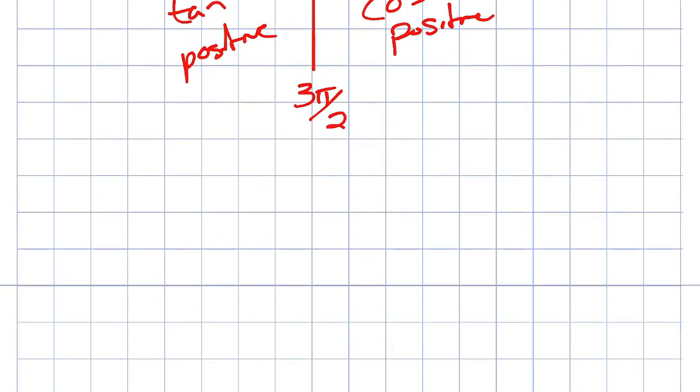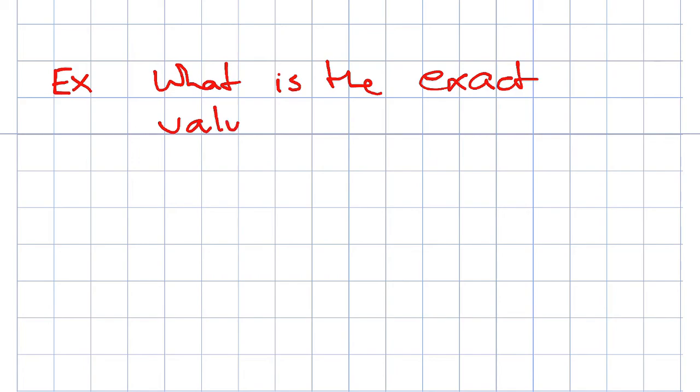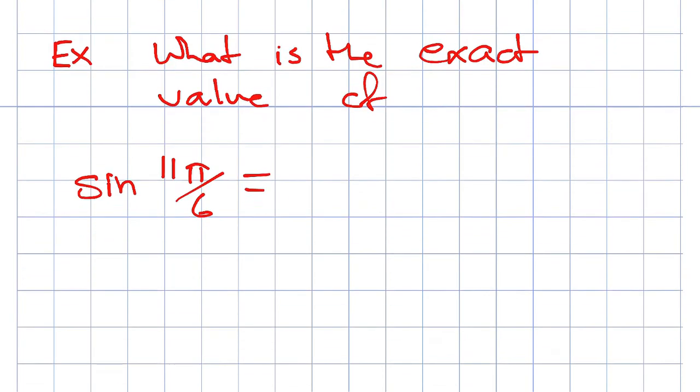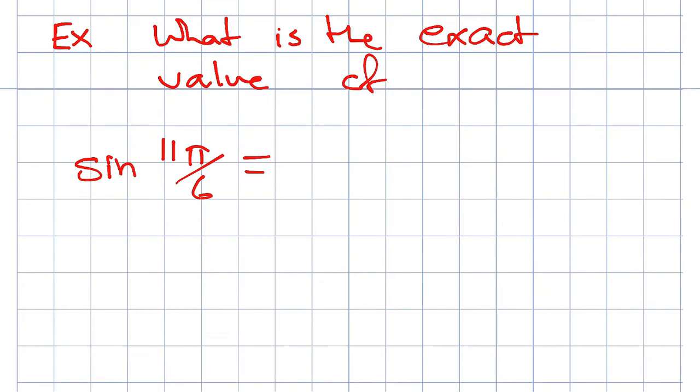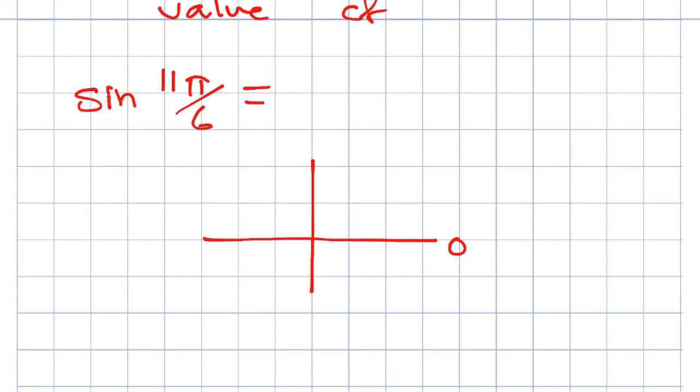An example would be: what is the exact value of the sine of 11 pi over 6? Here's how we're going to find it. If I were to draw this triangle, I know that this is 0. This is pi.